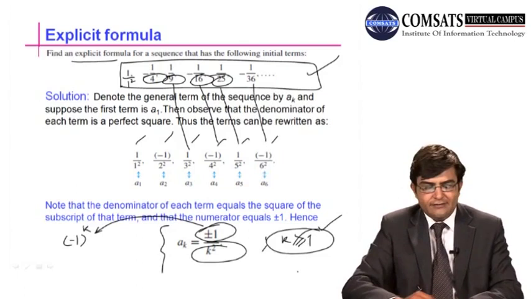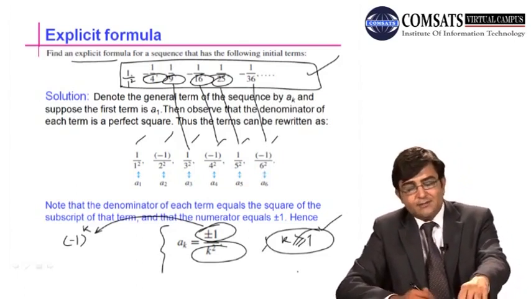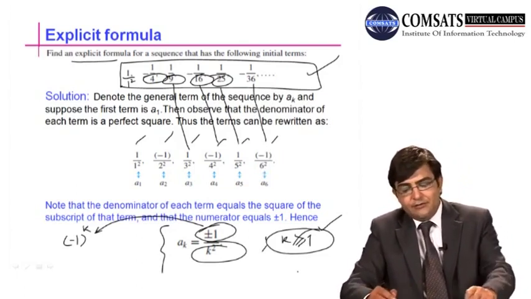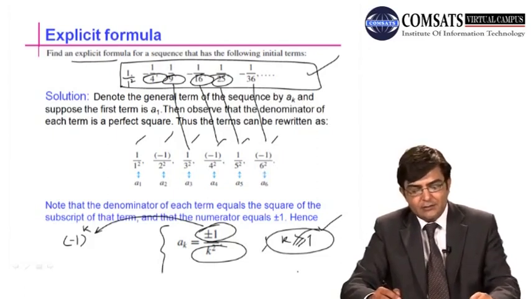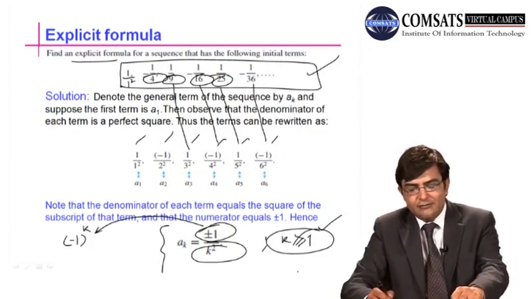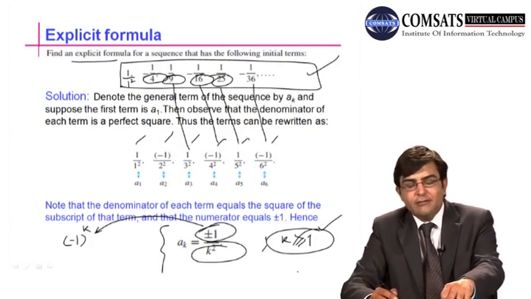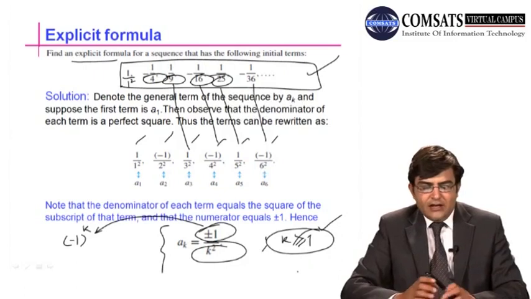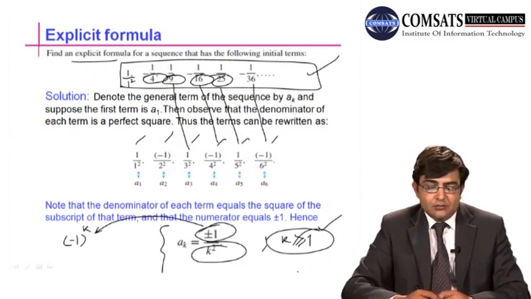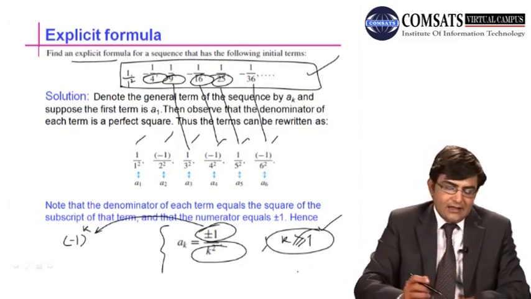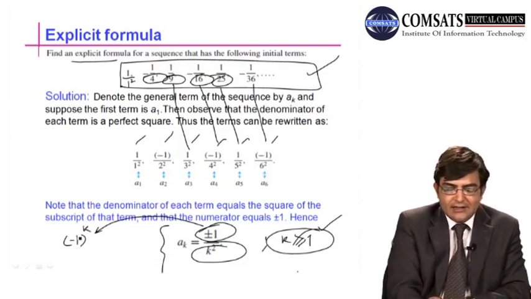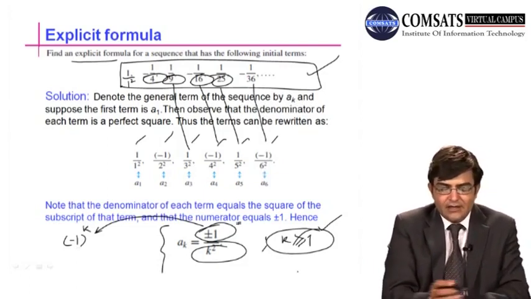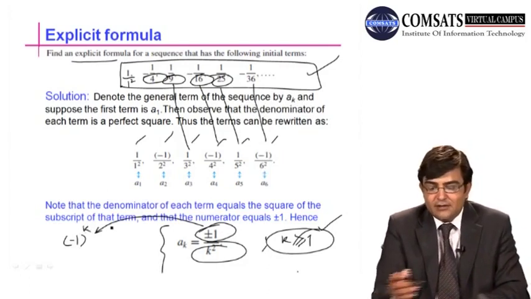If we put 1 we get minus 1, but here we have plus 1. If we put 2 we get plus 1, where we have minus 1. If we put 3 we get minus 1, here we have plus 1. So up to some extent we have defined a numerator which gives us alternating sign.